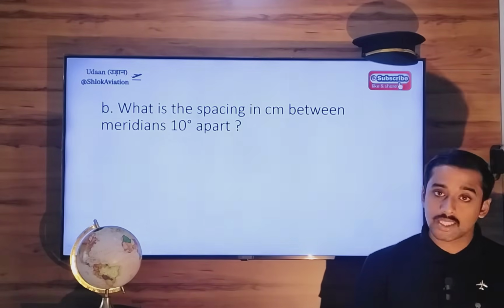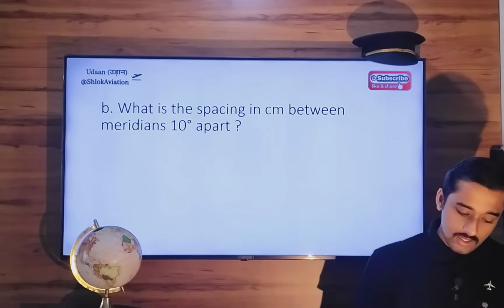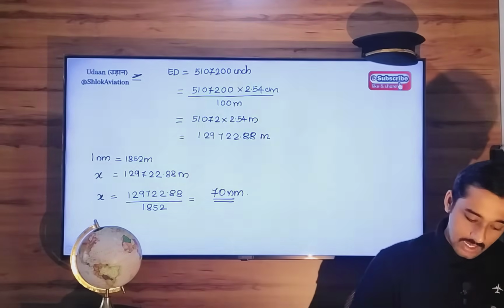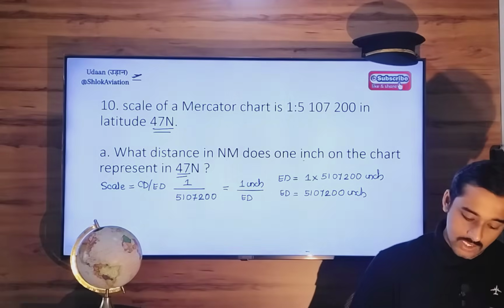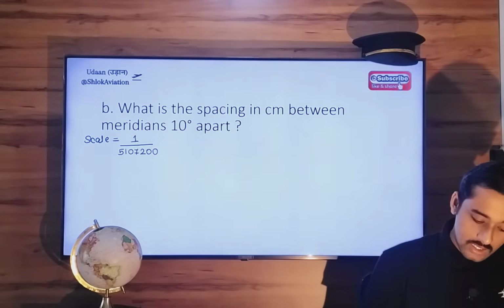Next, what is the spacing in centimeter between meridians that are 10 degree apart? So over here scale is going to remain the same as in sub question number A. 1 divided by 5107,200. Chart distance is what we have to find out.